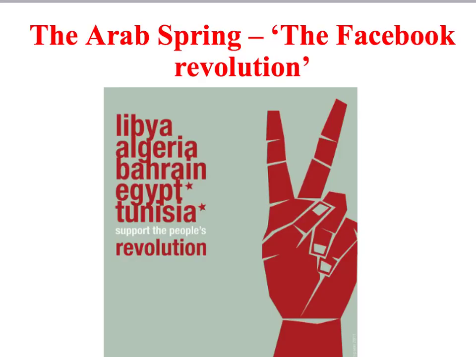Now, if you've been following international news over the last few years, you might be familiar with this term, the Arab Spring. This is a term that's been given to recent political protests against corrupt dictatorships in many Arab countries. And this started in Tunisia in December 2010.